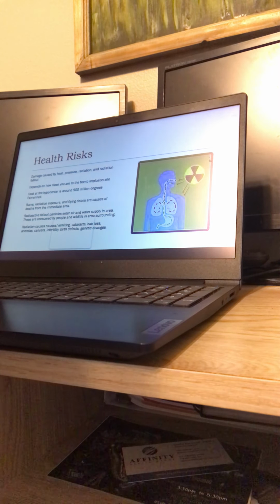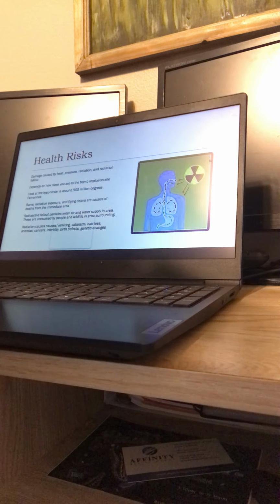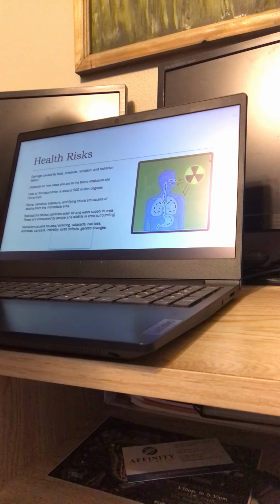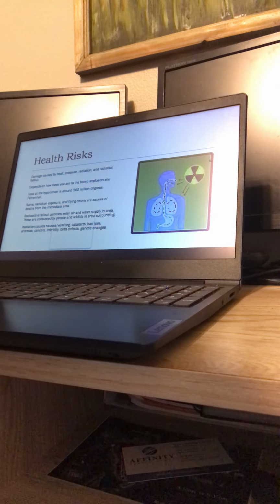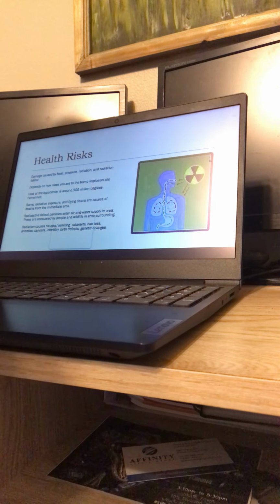Basically you're blown to bits, to be nicely put. It depends on how close you are to the bomb implosion site. This was actually pretty interesting. It said heat at the hypocenter is around 500 million degrees Fahrenheit. So as far as the immediate area, burns, radiation exposure, and the flying debris are going to kill you.